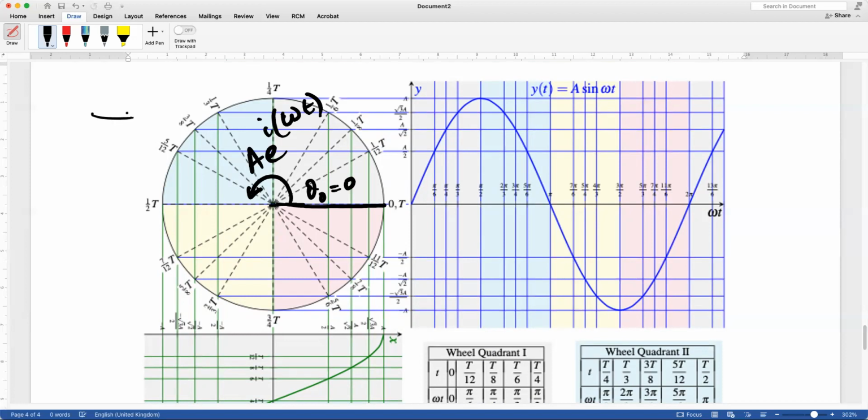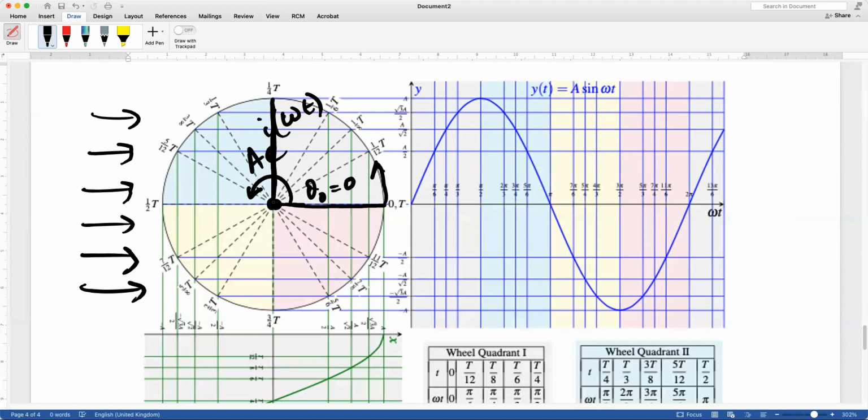And when you look at it from this side, at time t equal to 0, you will see a dot. This whole line cannot be seen if you look from this side. The whole line will be seen as a dot. Makes sense to you? Yes, uncle. Because that is the projection on the vertical axis. So as it is rotating, when it goes to pi by 2, you will see the full length.